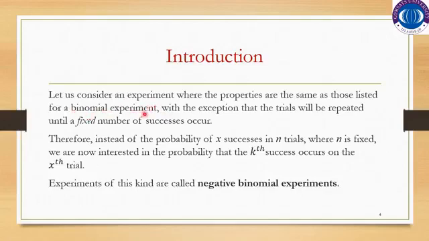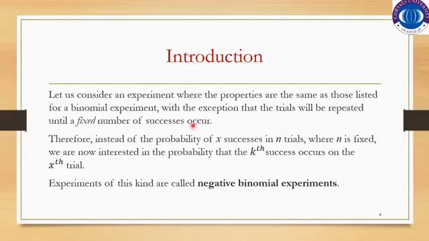So these are the four main properties, or you can say assumptions, of the binomial experiment, with the exception that the trials will be repeated until a fixed number of successes occur. So here the difference between the binomial experiment and negative binomial experiment is that all the properties will remain the same except that the trials will be repeated until a fixed number of successes occur.